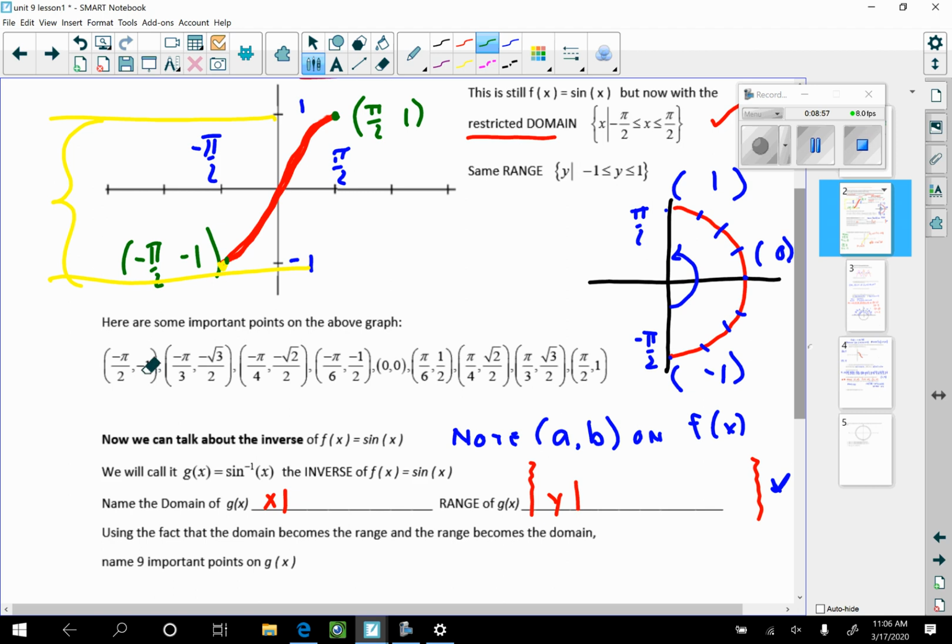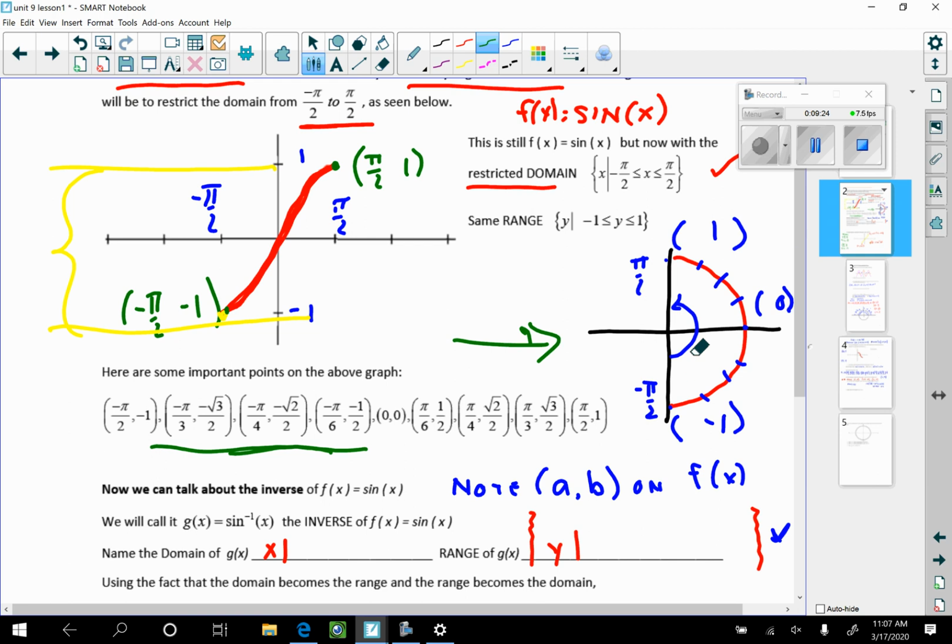I have -pi over 2, -1, that point right there. -pi over 3, -square root of 3 over 2. Ooh, where did these points come from? They came directly off of a portion of the unit circle, which I have sketched here. And I'm not going to label all these points. If you want to pause the video, go ahead, and you can look at where these points came from.